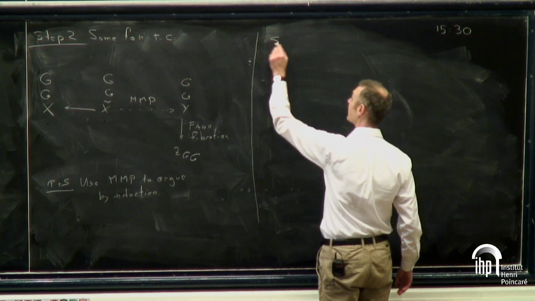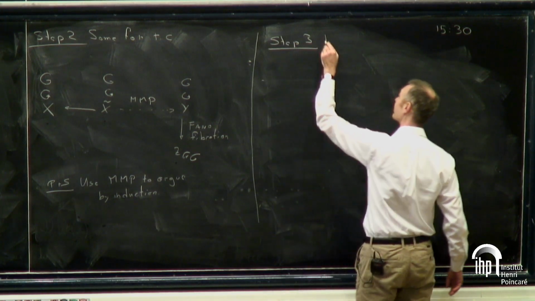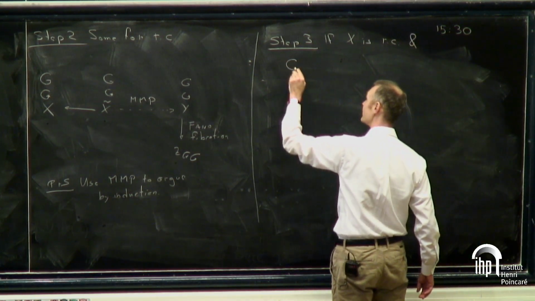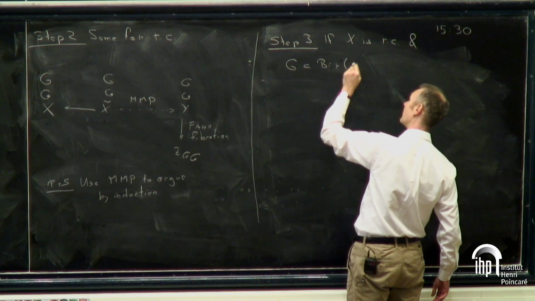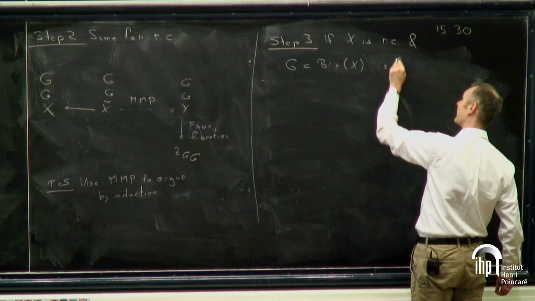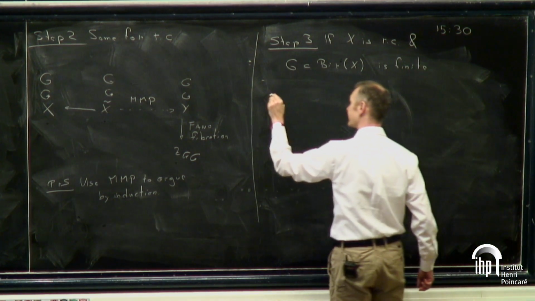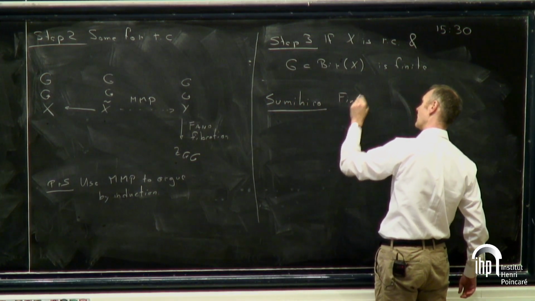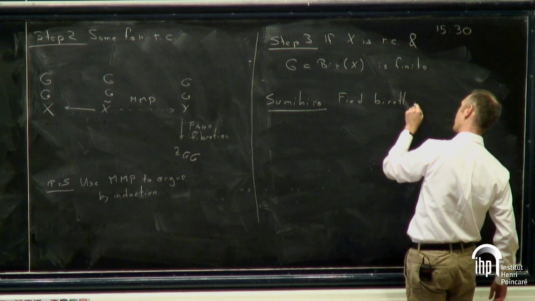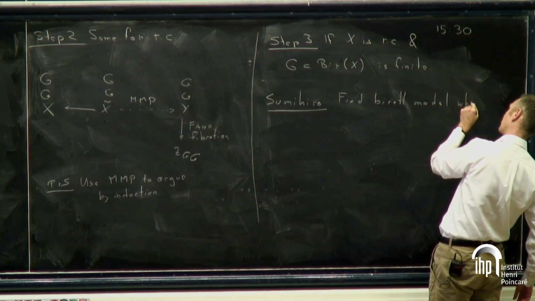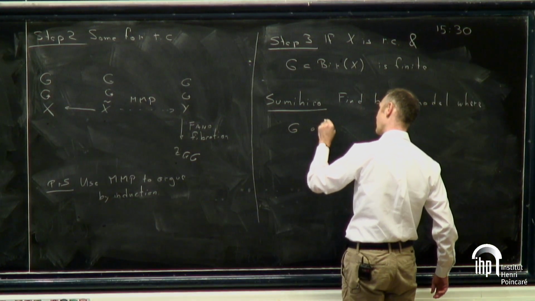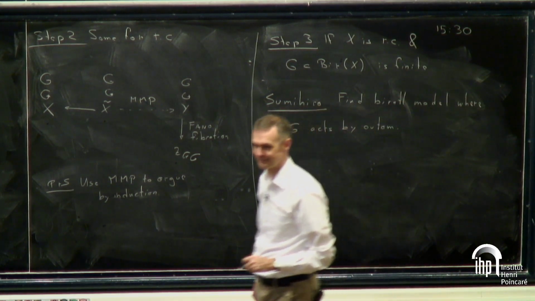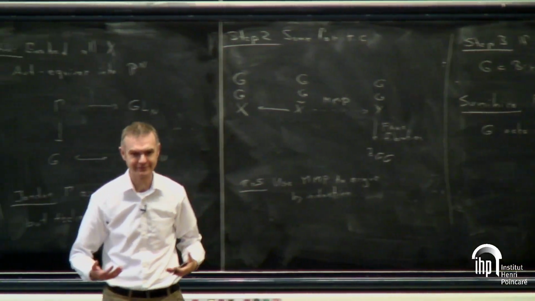But then step 3: if X is rationally connected and G in the birational transformation group is finite, then a classical result of Sumihiro says I find a birational model where G acts by automorphisms. Honest automorphisms and not just by rational maps.